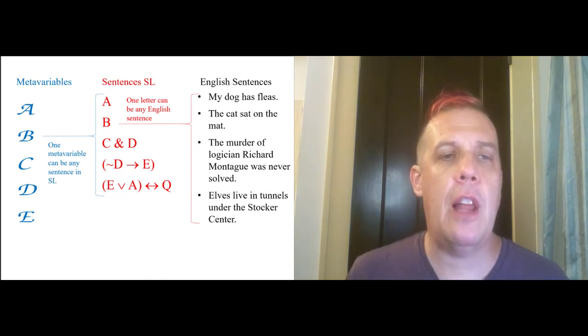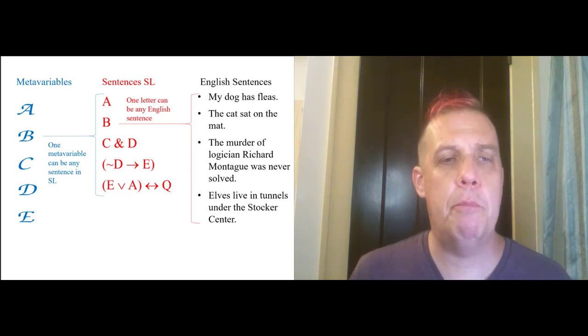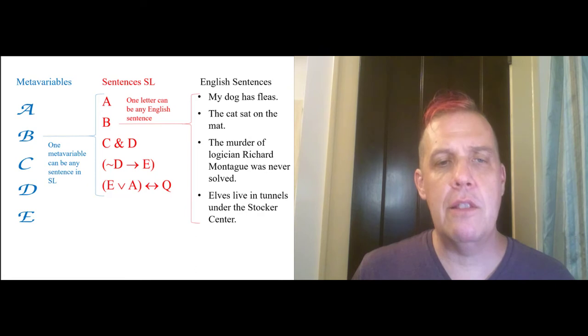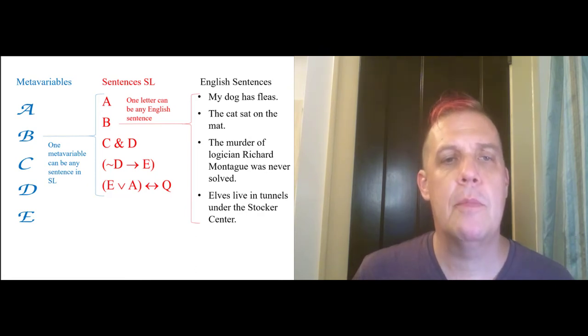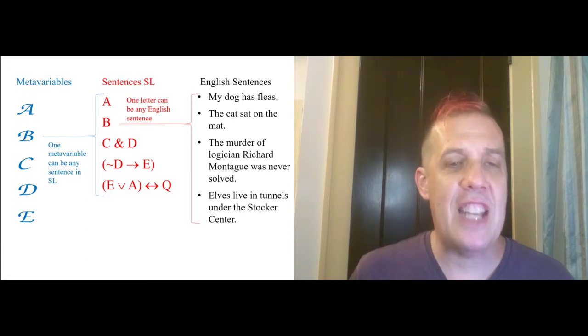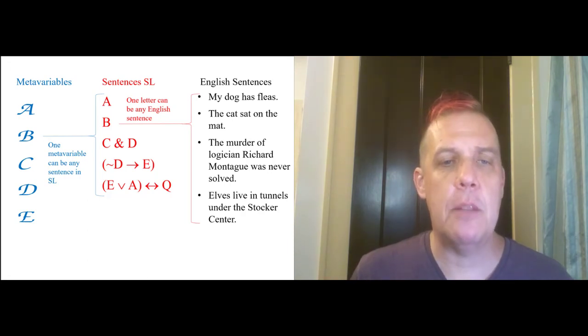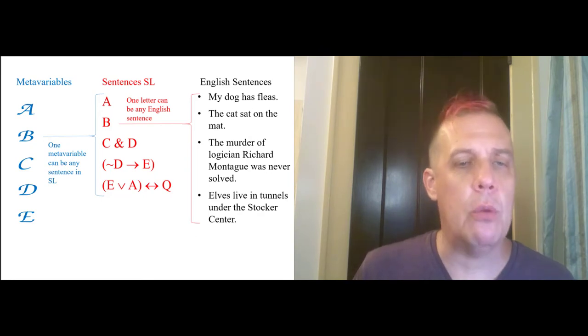Now consider the letter script B in blue. This can stand for any sentence in our object language SL. So it could mean A, it could be B, it could be C or D, it could be C and D, it could be not D implies E or A if and only if Q. It could be anything.